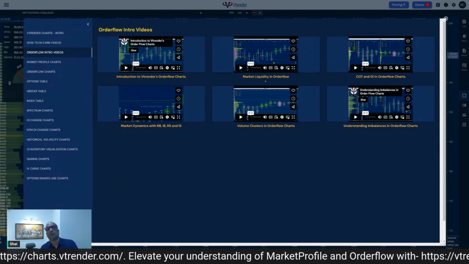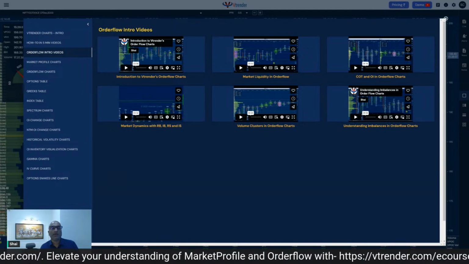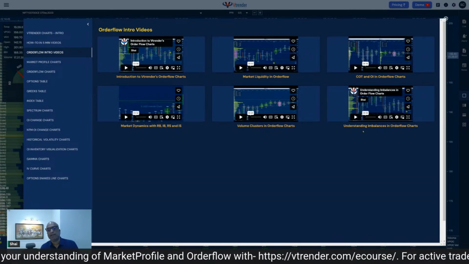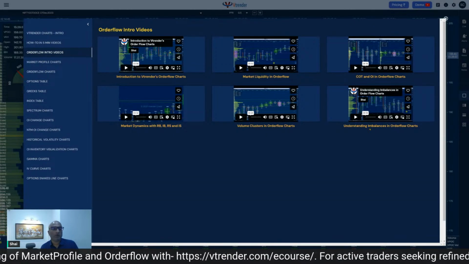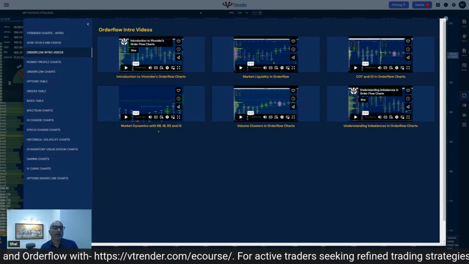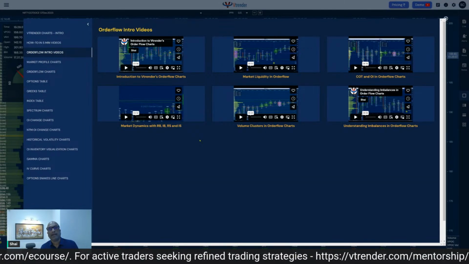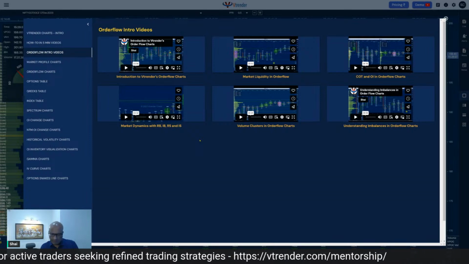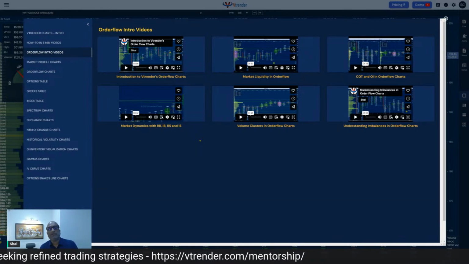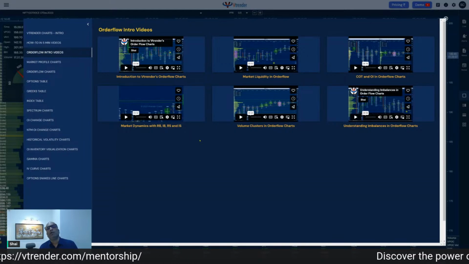I've just covered this in a small 3 or 5 minute video. Understanding what volume clusters are, understanding imbalances, what they are, then understanding what an RB is, IB is, IS is, and RS is, right? I believe there are a lot more, but I believe that these 6 features all constitute an order flow chart, not just one.